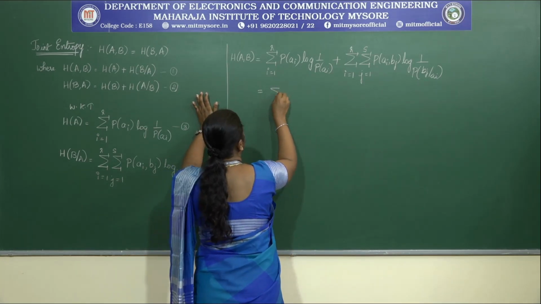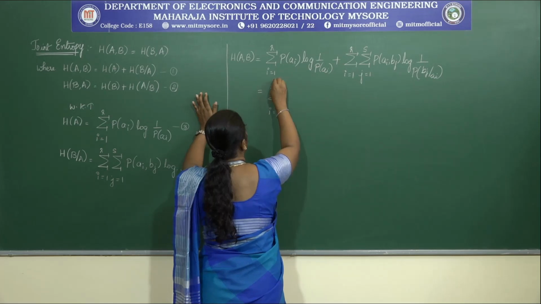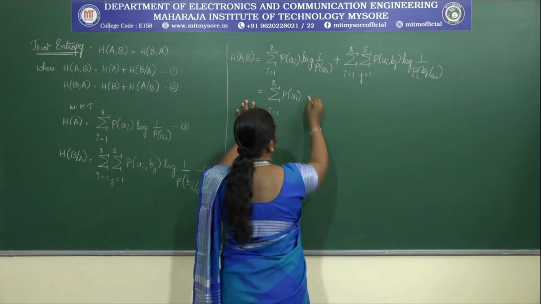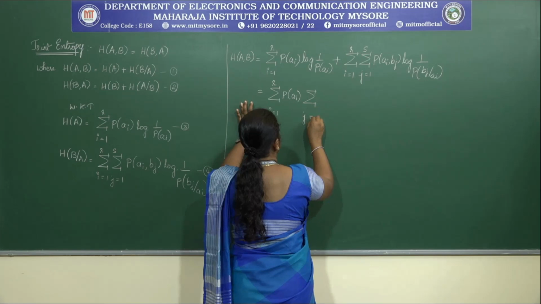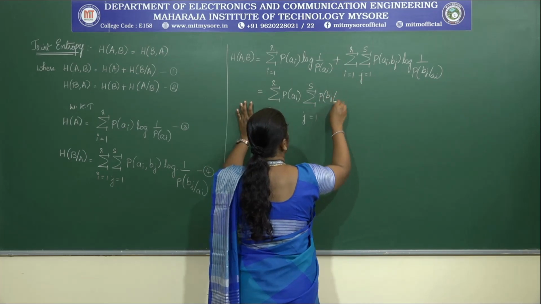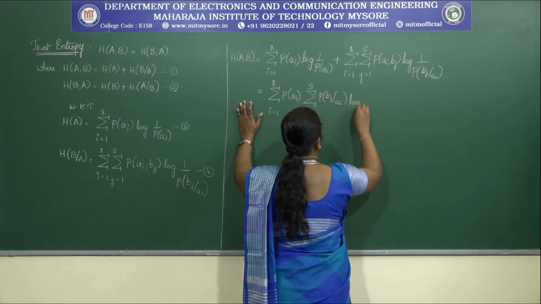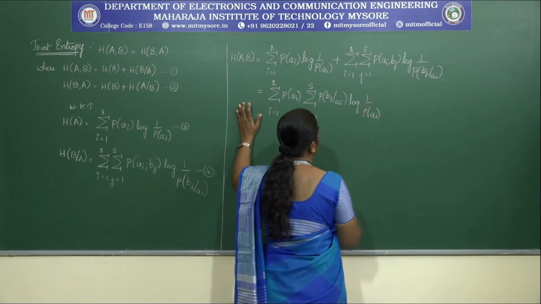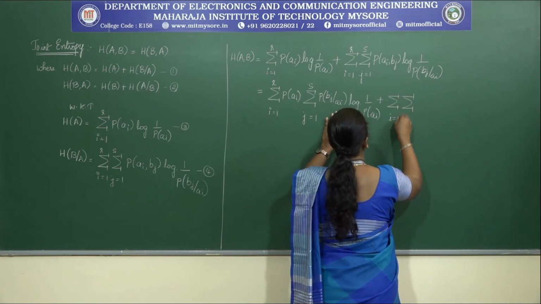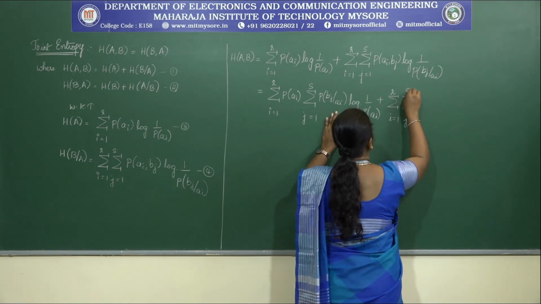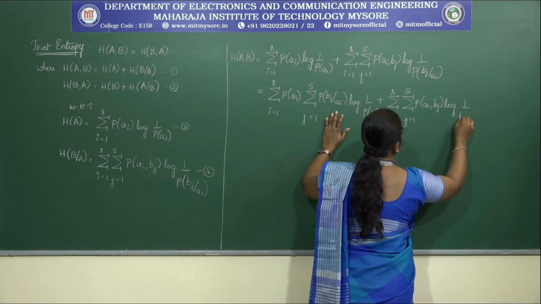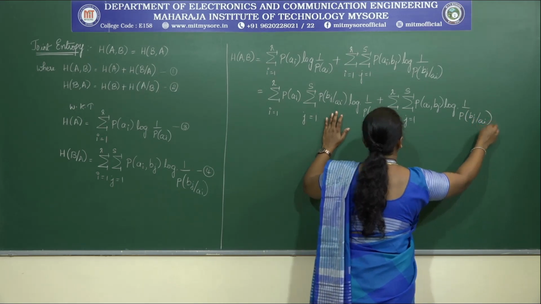Here I can write summation of I is equal to 1 to R P of AI into summation of J is equal to 1 to S P of Bj by AI into log of 1 by P of AI, plus double summation I is equal to 1 to R J is equal to 1 to S P of AI comma Bj log of 1 by P of Bj by AI.